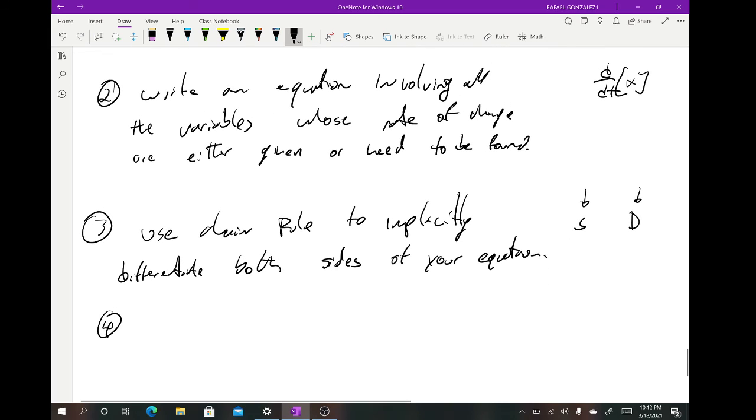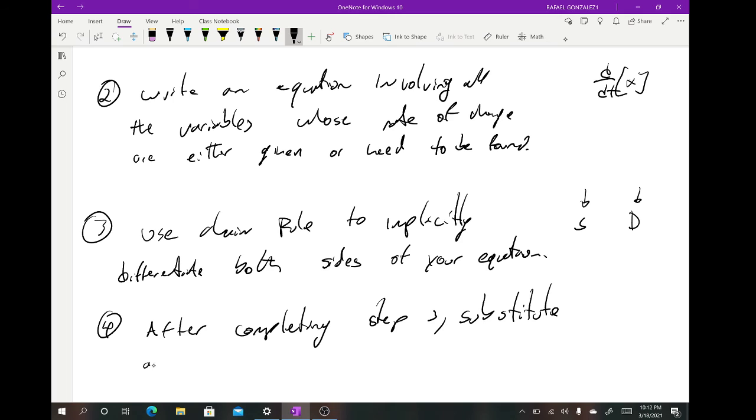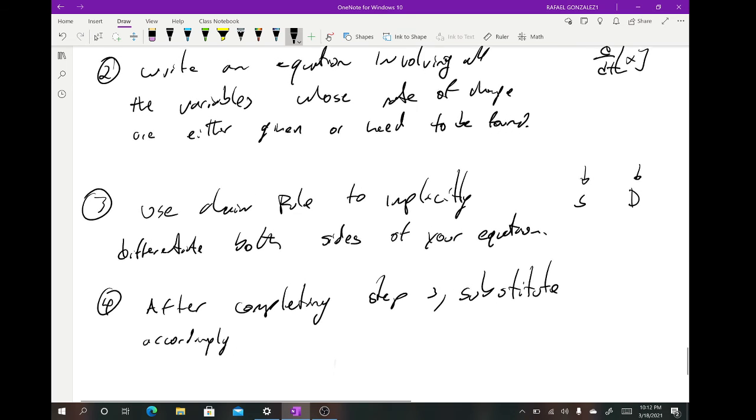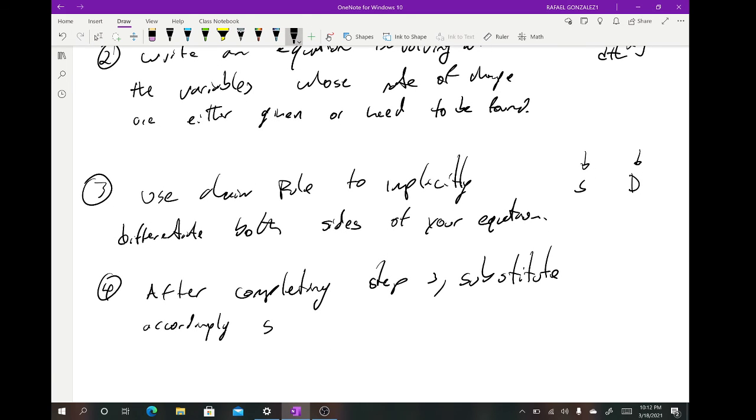And 4 is, after completing step 3, you want to substitute accordingly, and then solve for the required rate of change.